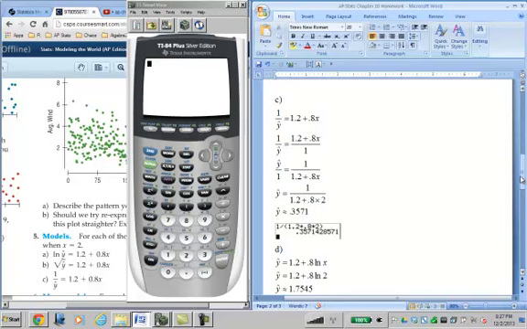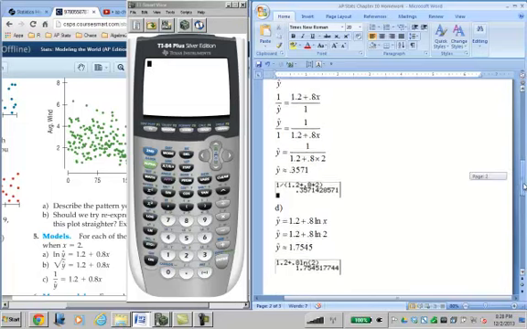We don't want y hat in the denominator or anything like that. So if you have a fraction equaling a fraction, then the reciprocals equal each other. So y hat over 1 equals 1 over 1.2 plus 0.8x. So then this becomes pretty simple to evaluate. Y hat equals simply 1 over 1.2 plus 0.8 times 2, which is 0.3571.